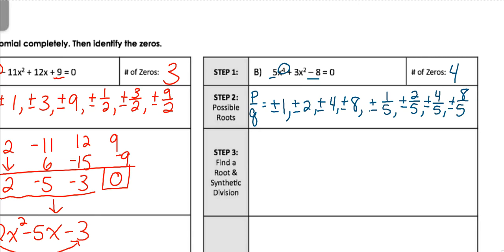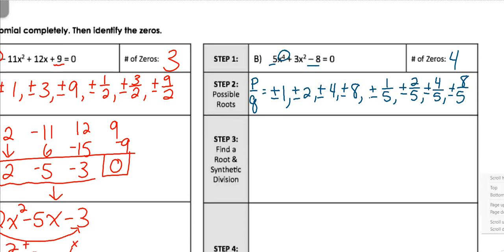So then we're going to go to the graph and find any of the roots I can see on there. If I graph this one, I can see that there's a solution at 1. So I am going to divide my polynomial by that 1. So I have a 5. I'm missing an x to the 3rd term in my original polynomial, so I put in that 0 as a placeholder.